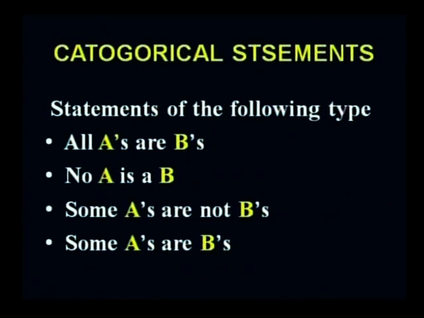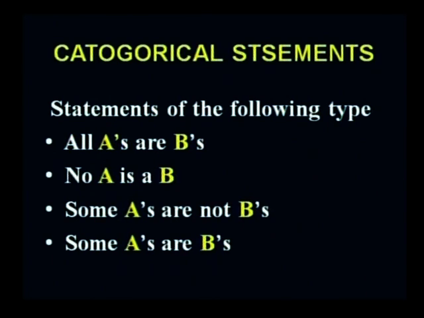See, if we have statements of the type all A's are B's, no A is a B, some A's are not B's, some A's are B's. What do you observe in all these statements?